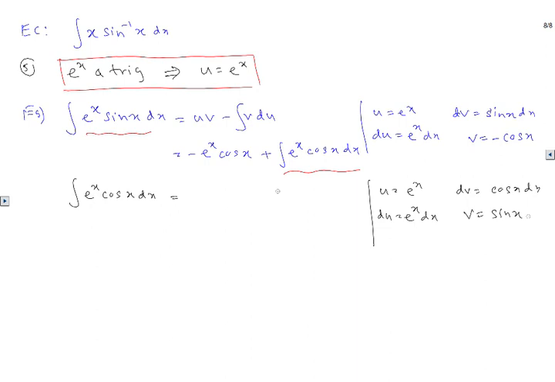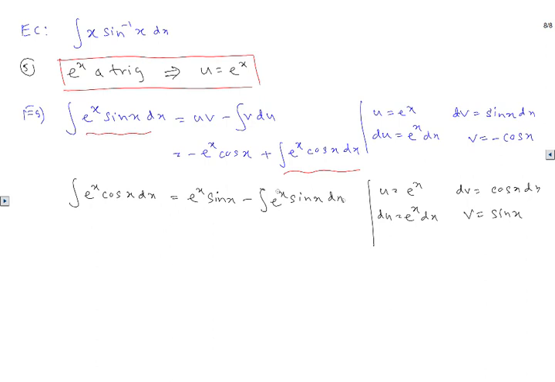So uv, that means e^x sine x, and then minus integral of v du. What is v? v is sine x, du is e^x dx, so that means e^x sine x dx. So when you do e^x cosine x dx, it becomes sine.